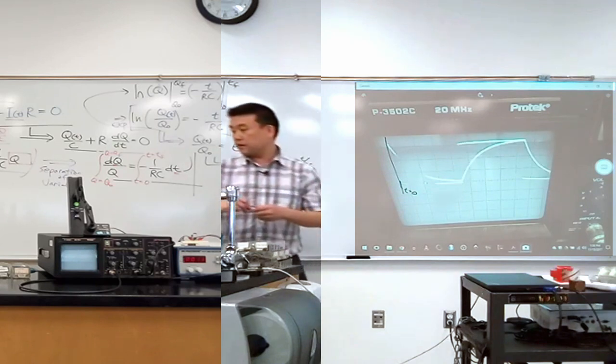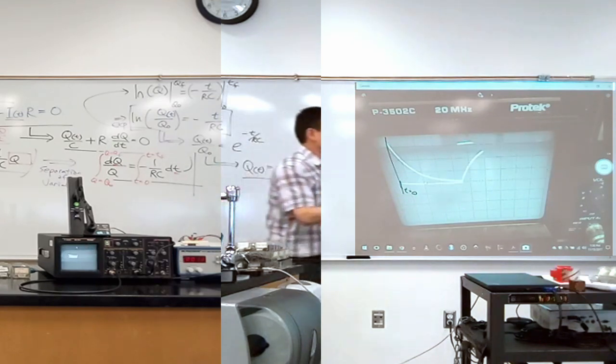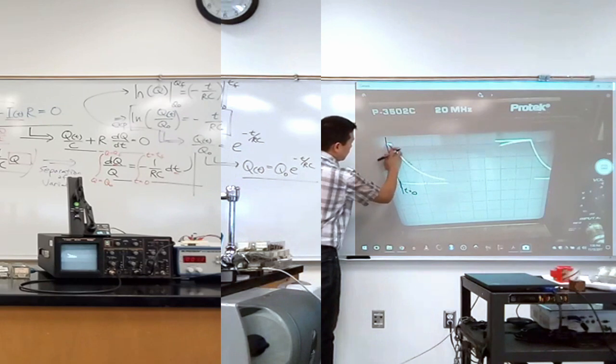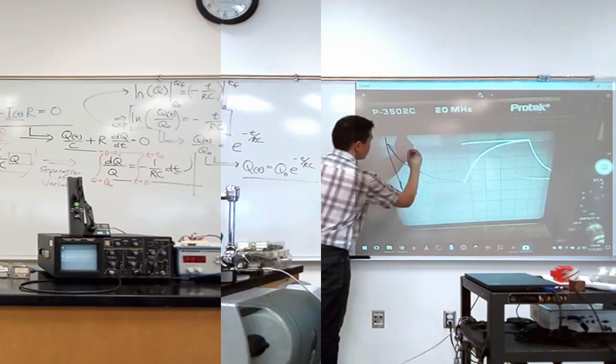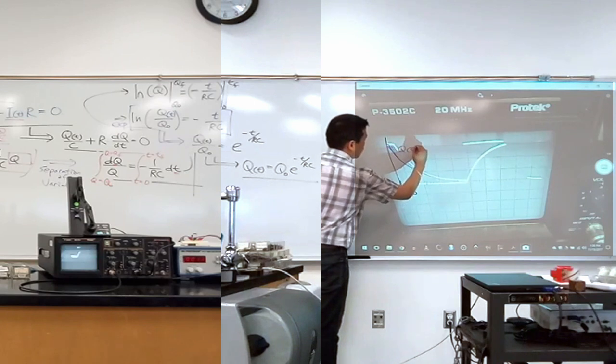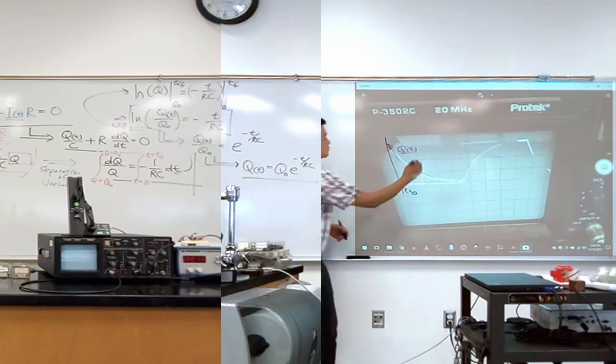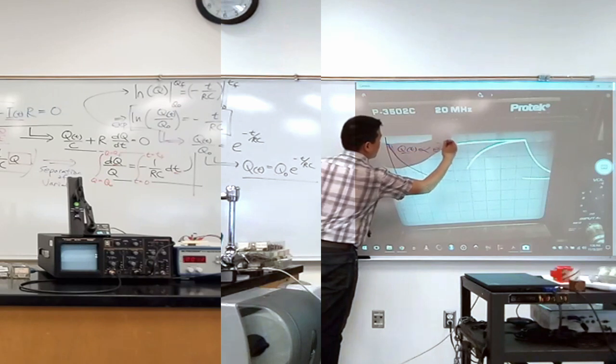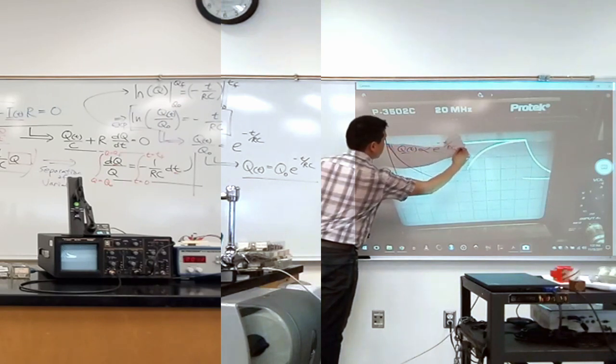And what the oscilloscope is graphing, the voltage drop across the capacitor, is proportional to Q of t, which is proportional to e to the minus t over RC.